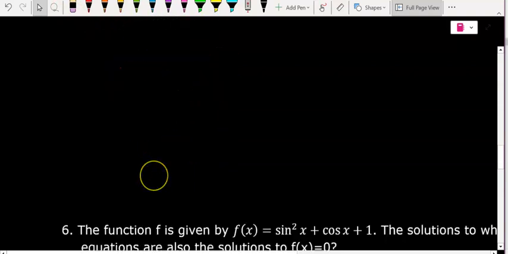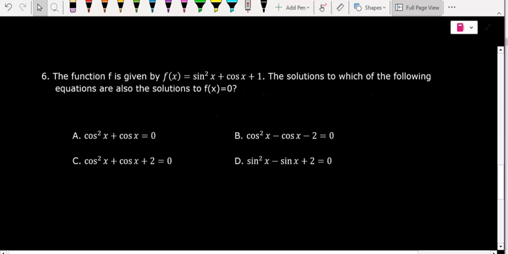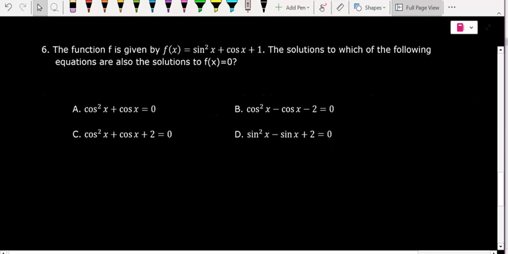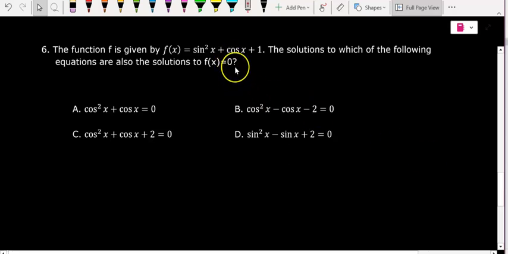All right, let's look at this. Here we go with our multiple choice questions. These are our AP style multiple choice questions from AP Classroom. So this says the function f is given by f of x is equal to sine squared x plus cosine x plus 1. The solutions to which of the following equations are also the solutions for f of x is equal to 0?